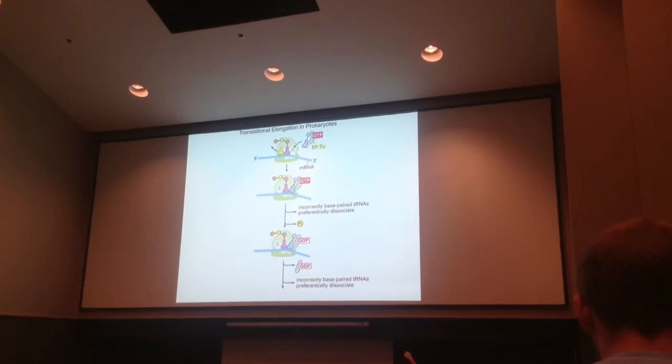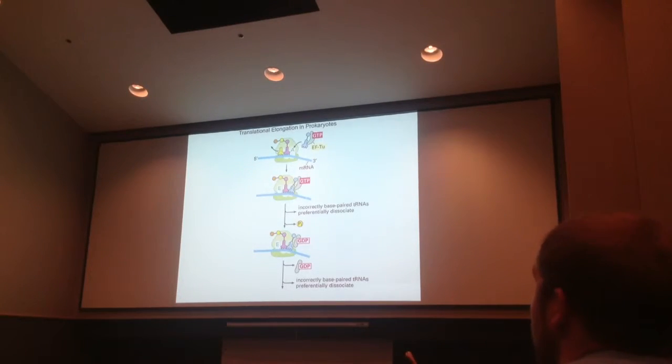You can see here, this GTPase has changed shape. And when that protein undergoes that conformational change, it no longer has affinity for the tRNA, and it pops out, leaving the tRNA in the site. Once that elongation factor is gone, this tRNA is kind of locked in the site.